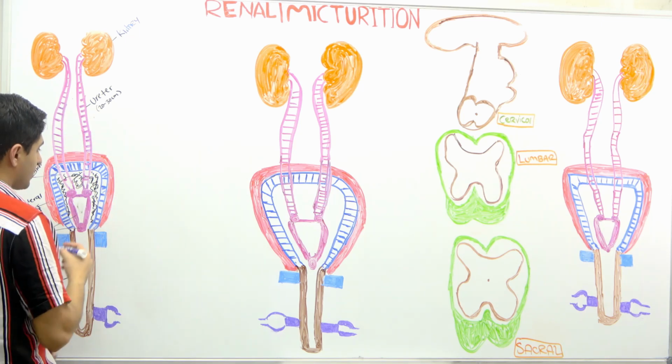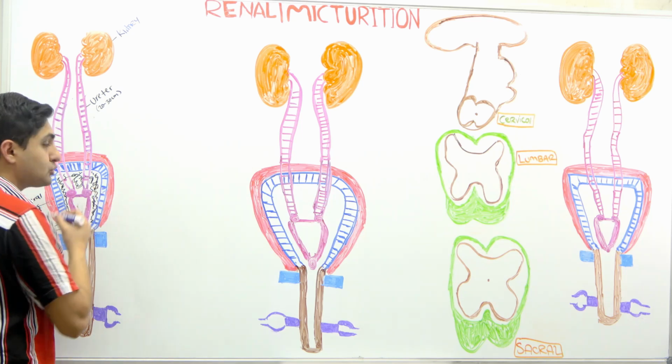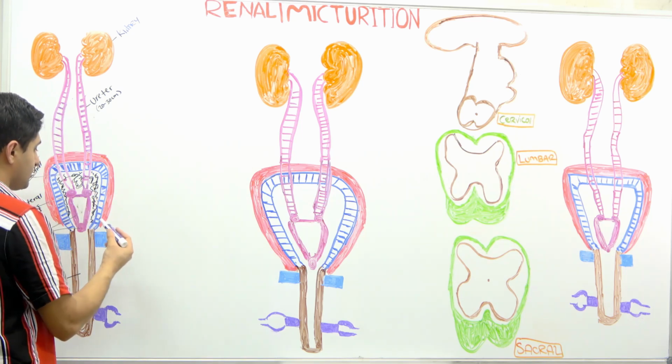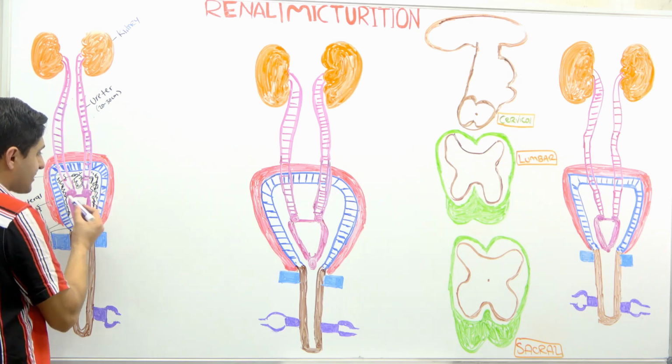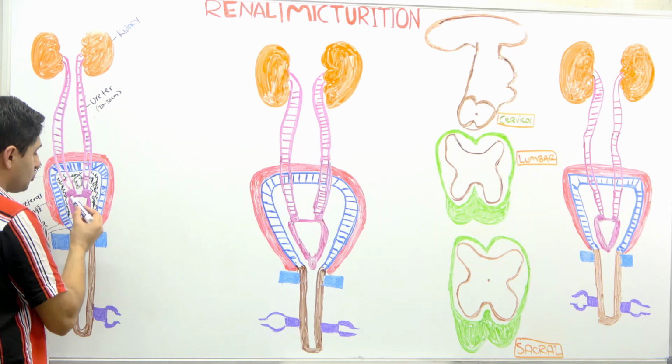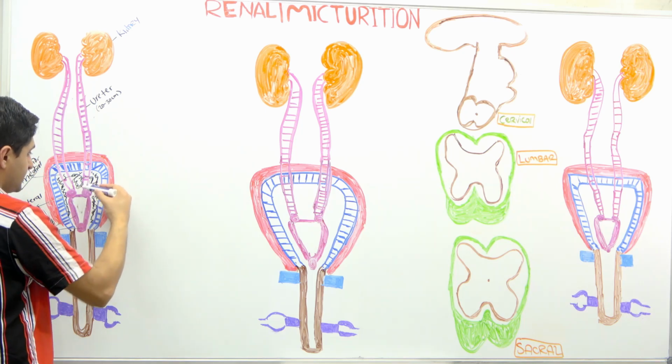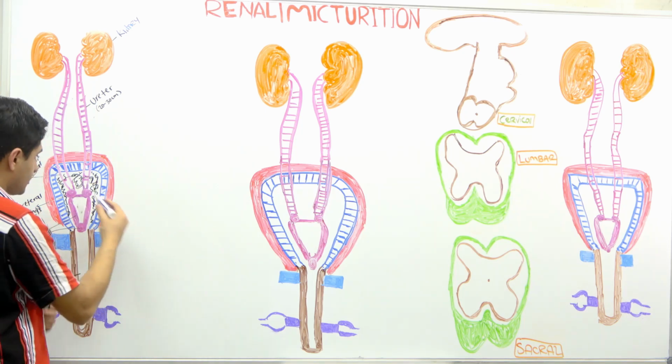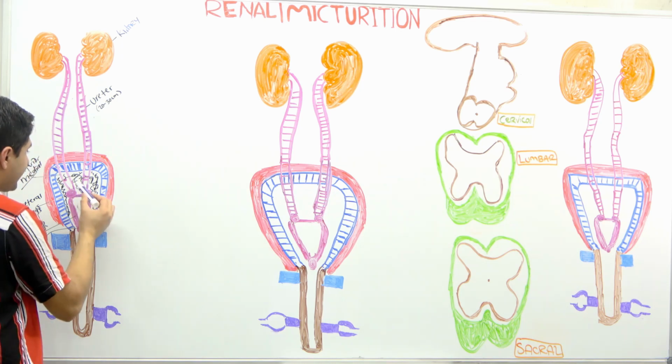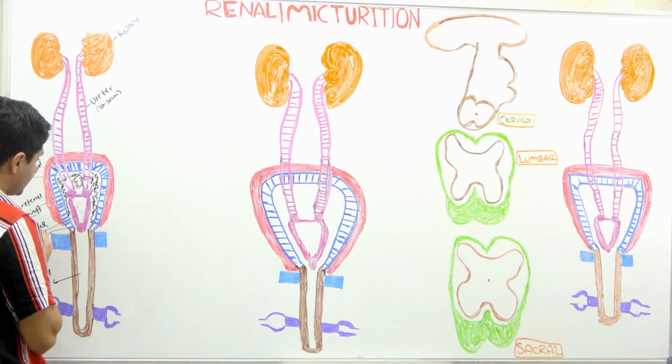These black ridges are called rugae. There's importance to rugae, because whenever this urinary bladder is empty and there's no urine, you see these rugae. But as the urine fills, it gets stretched, so the rugae disappear. It kind of gives a space. That's what the rugae do.